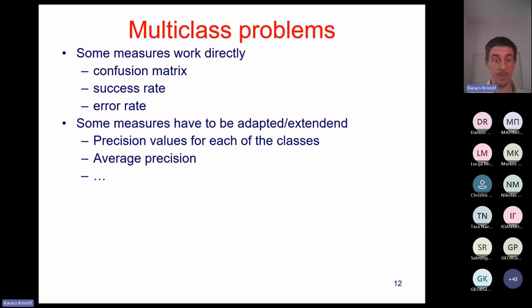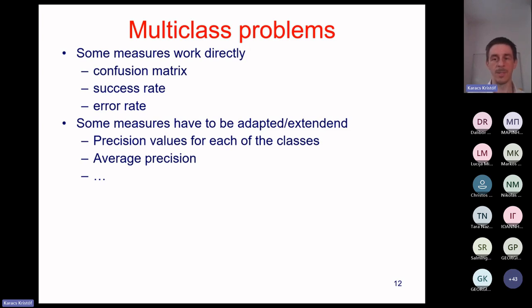Well, but some other measures have to be adapted or extended, such as precision values, because for a multi-class problem, it's not straightforward to define what counts as a positive or as a negative sample. And then you could basically define it by comparing classes against all the others, and you could define average precision for the individual classes and combine them.